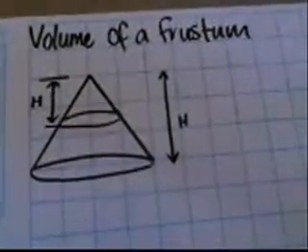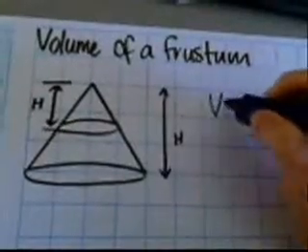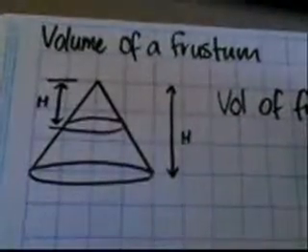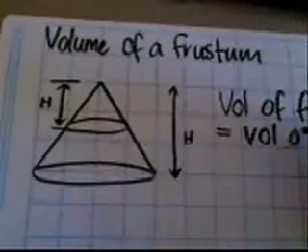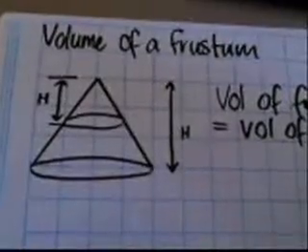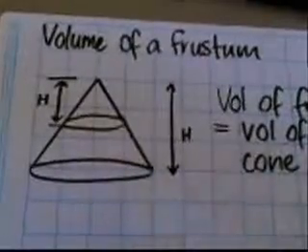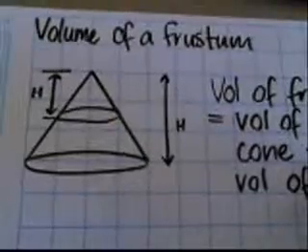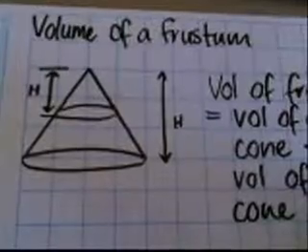Now to work out the volume of that, if I write volume of frustum equals the volume of the complete cone, so the whole cone, and we simply subtract the volume of the cone removed.